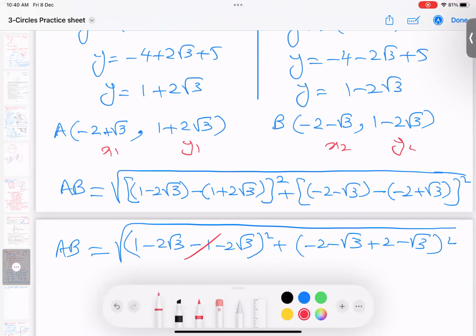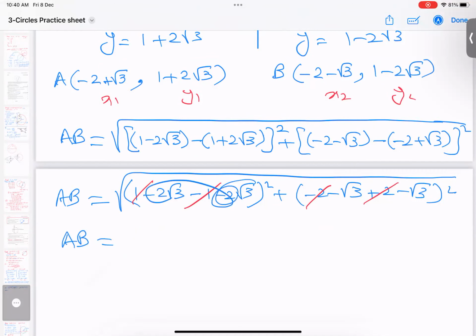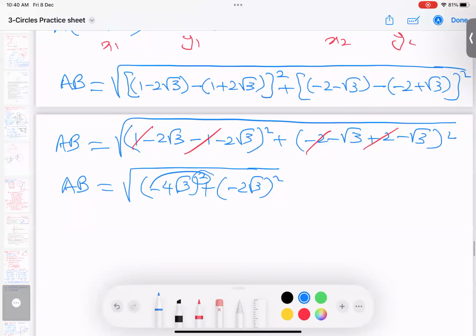You can see this 1 cancels out, this 2 cancels out. That is why this question is tough, due to algebra only. Negative 2 and 2, negative 4. Negative 2 becomes negative 4. But it is a bit easy now. Negative 4 root 3 squared and negative 2 root 3 squared. What I know, square of 4 gives 16 and the root cancels with that.